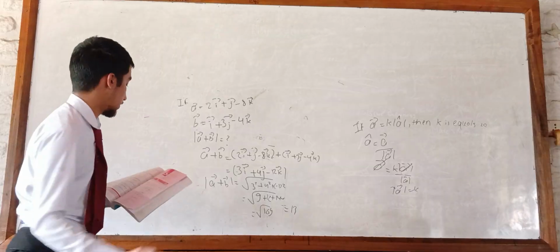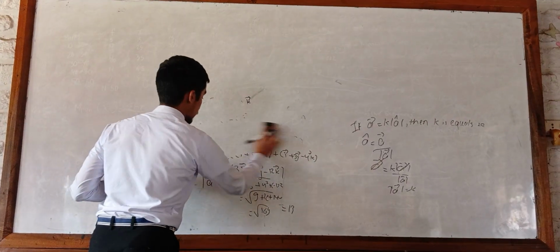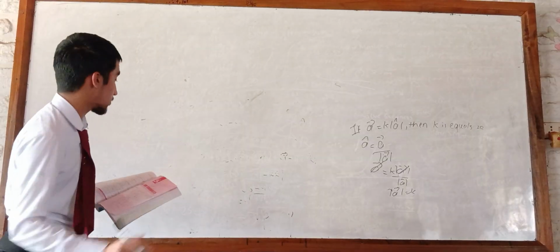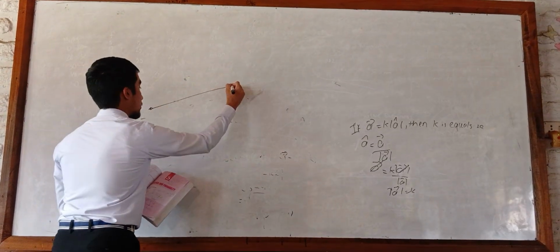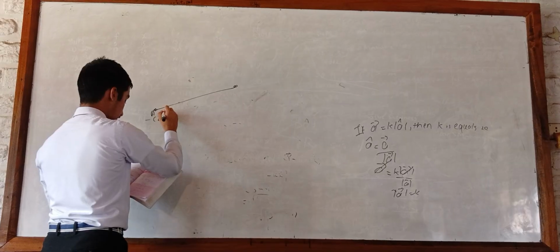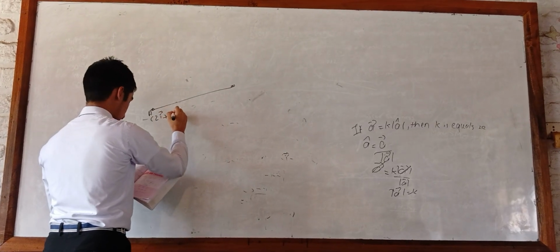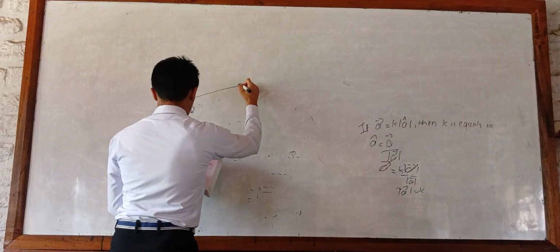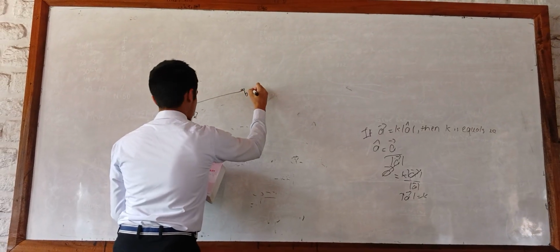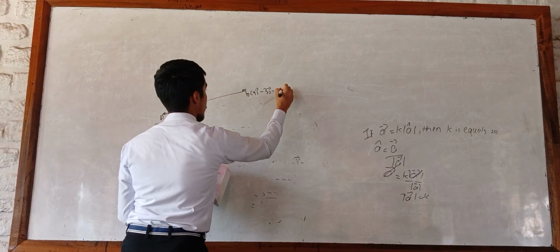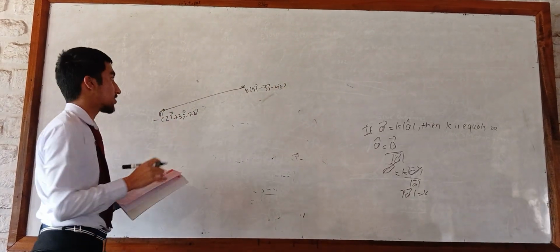Moving on to the next question, we have to find the distance between two position vectors. Consider this as point A and point B. Point B is I vector minus J vector. Now we have to find the distance between them.